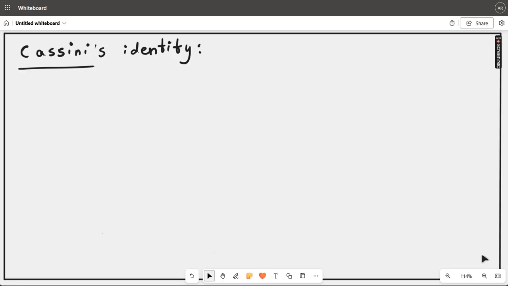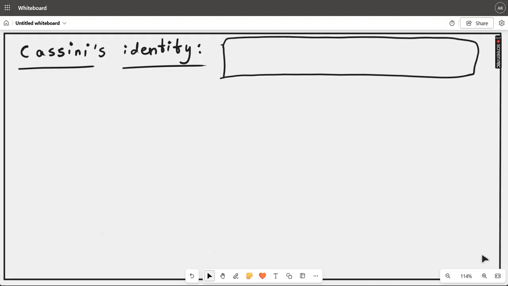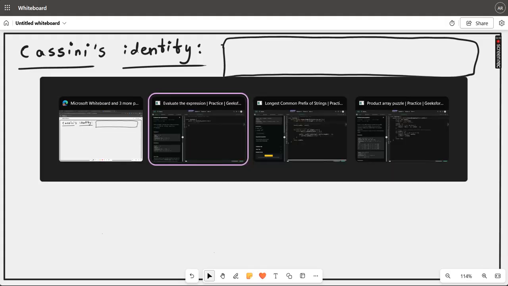So it is Cassini's identity. If you observe the formula, it is the same thing which they gave in the question.